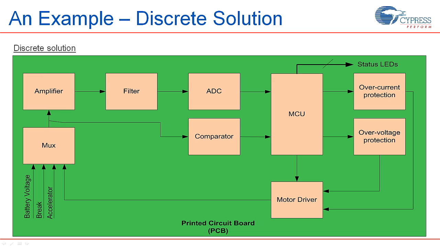Let us take an example of a system that needs a few analog signals to be conditioned and digitized, a comparator for overvoltage and overcurrent, an MCU to implement the required control, and power electronics to drive the motor. If the system is implemented using discrete peripheral ICs, it will take little time for someone to reverse engineer the signal chain.